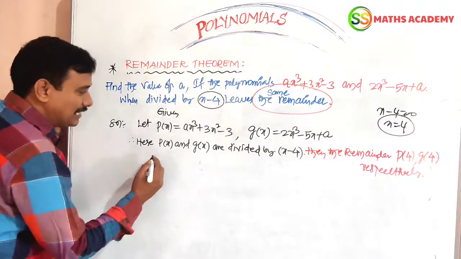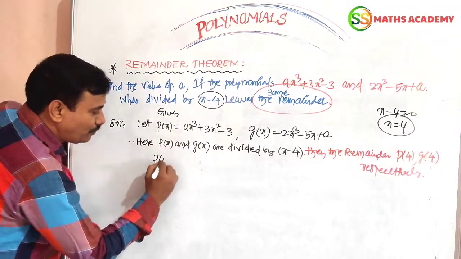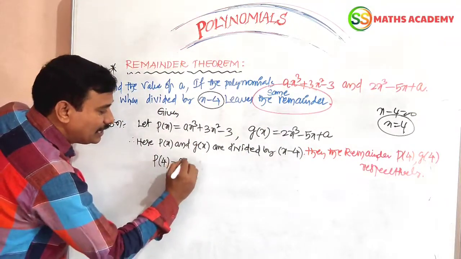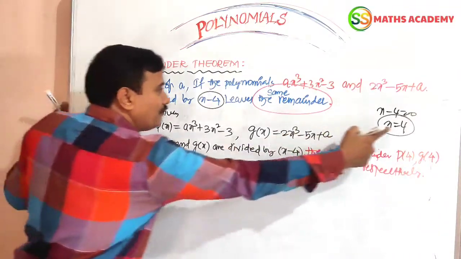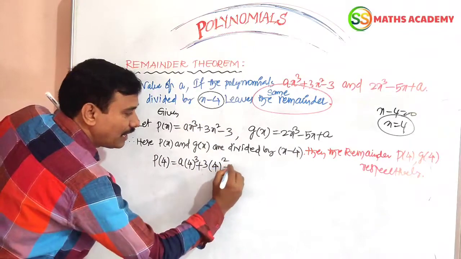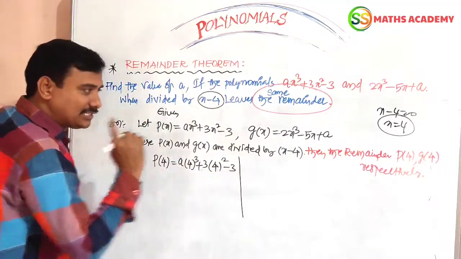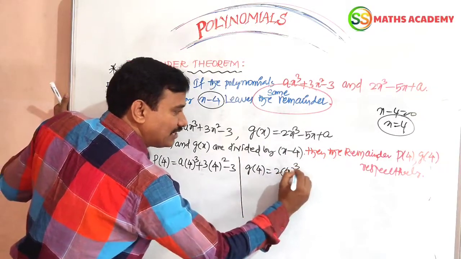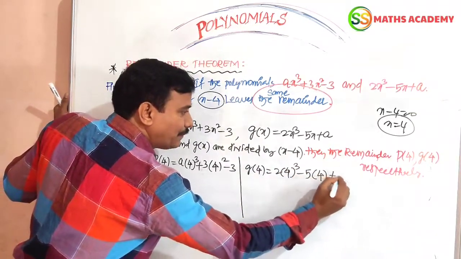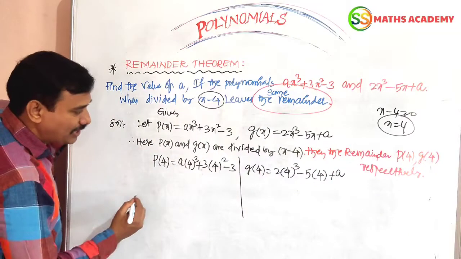Let us see next. Now p of 4 is a into 4 whole cube, in the place of x I am going to substitute 4 only, minus 3. Now g of 4 is 2 into 4 whole power 3, minus 5 into 4 plus a. Right, my friends?